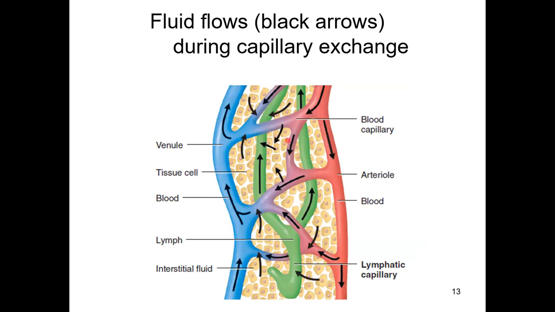So take a look. Here comes oxygen and nutrient-rich blood from the arteriole. And an event called filtration will take place where, to the tune of 5 gallons per day, take a look at this arrow, fluids will be squeezed through the wall of the capillary, and fluids from the blood will be entering the capillary bed.